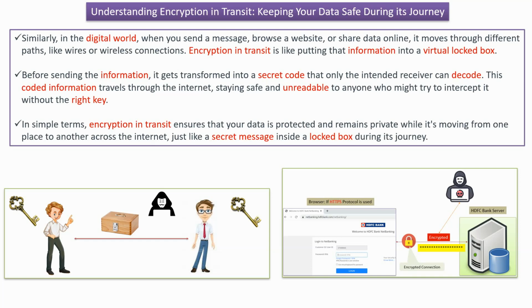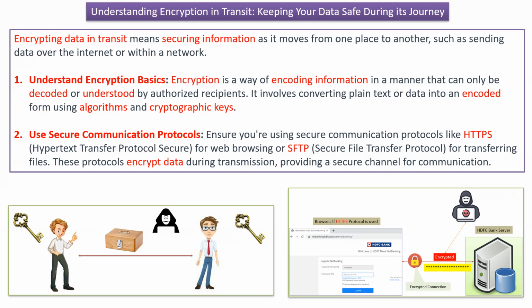In simple terms, encryption in transit ensures that your data is protected and remains private while it is moving from one place to another across the internet, just like a secret message inside the lockbox during its journey. Here we will see how to implement encryption in transit.